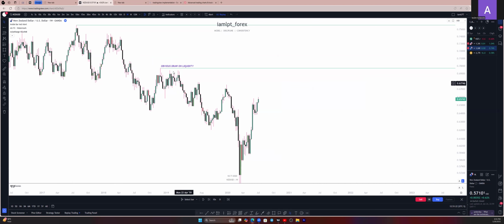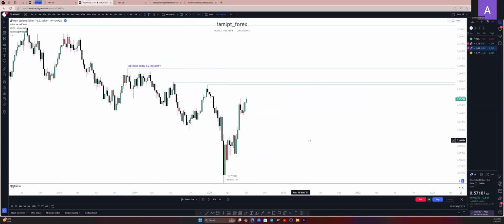And before all of this, we have this high, and this high, and this high, and we also have this high, and then we now have the relatively equal highs. So this is what we are seeing on the weekly chart.